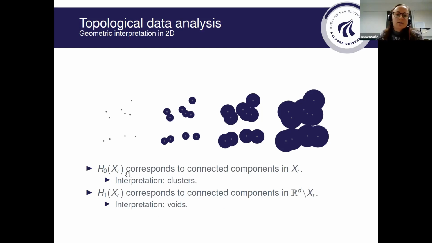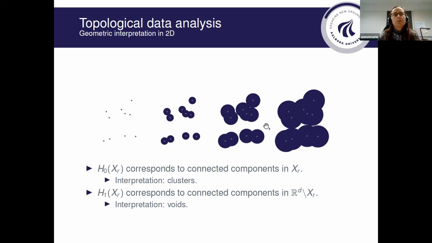This slide is just to give you an idea about why we could be interested in this. Remember these point patterns, we were interested in clustering of the points. When we grow these balls around, at some point they start merging, and you can think of the connected components in these pictures as clusters of points. Then when we increase the radius of the balls, we are measuring clusters at different length scales.